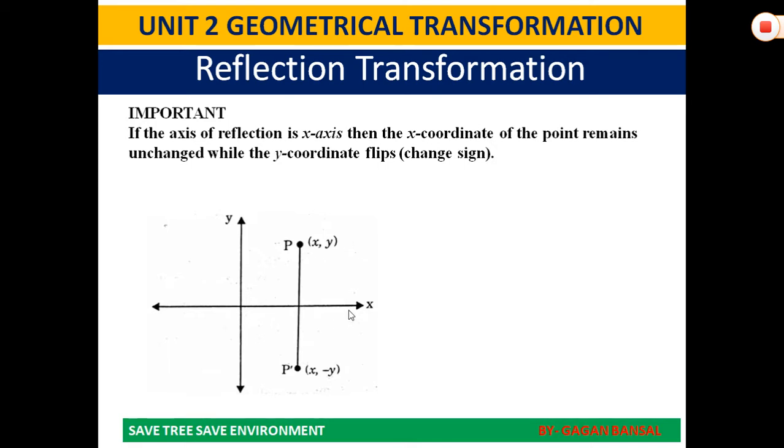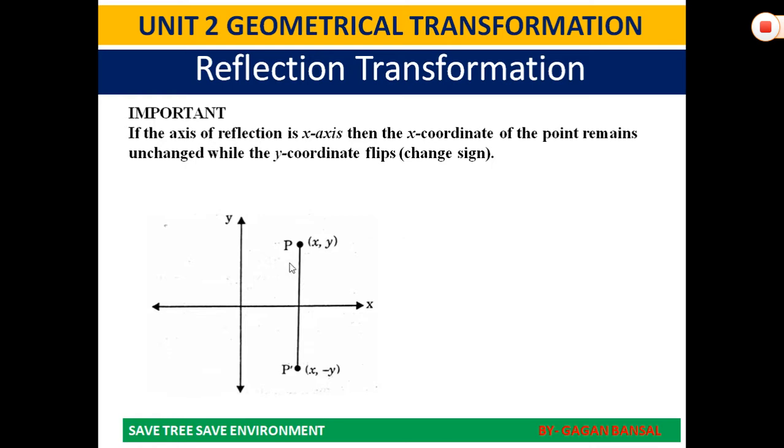What I mean to say is, suppose we have a coordinate system in which the horizontal line is showing the x-axis and the vertical line is showing the y-axis, and a point P having initial coordinates x comma y is mirrored or reflected about x-axis.